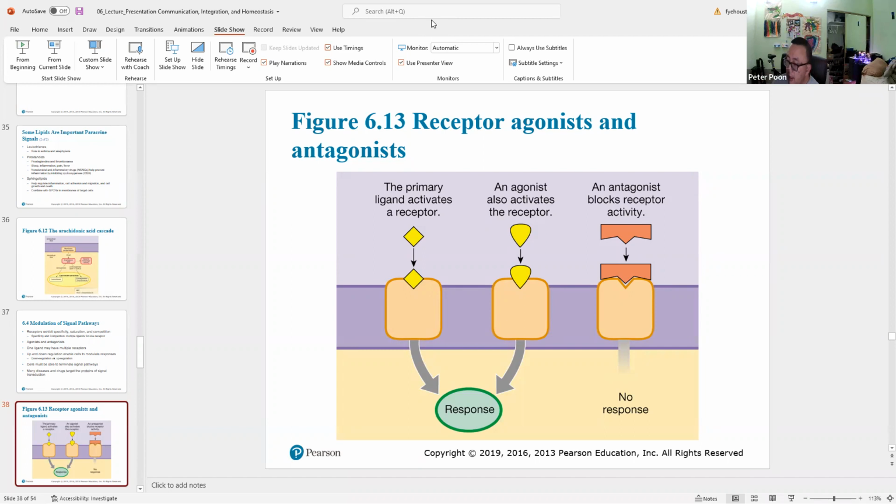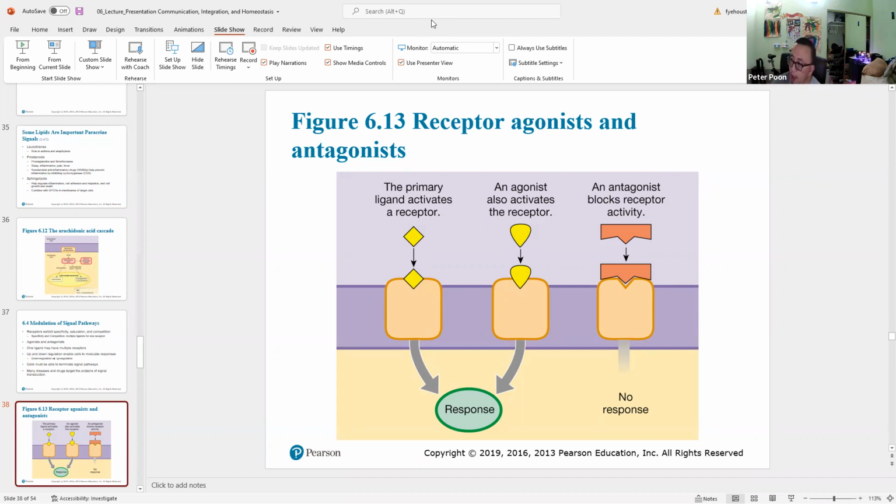It binds the progesterone receptor and blocks it from working, and therefore there's no progesterone signaling, and no progesterone signaling causes the shedding of the uterine lining, which takes care of the problem.